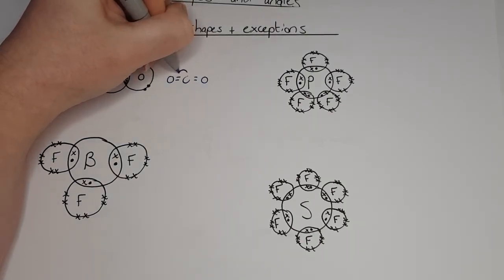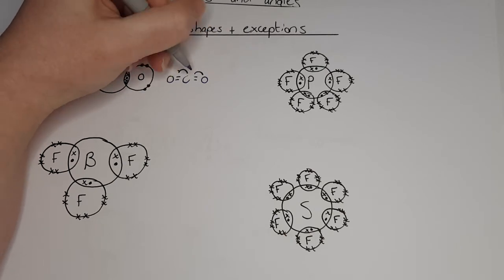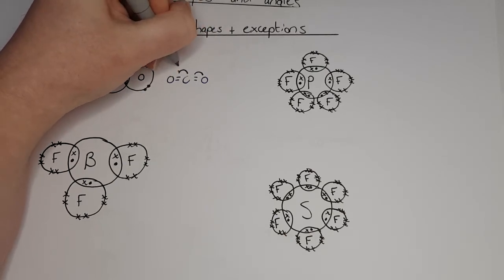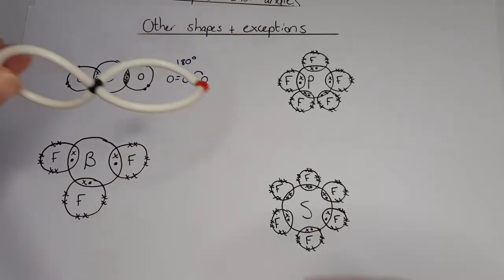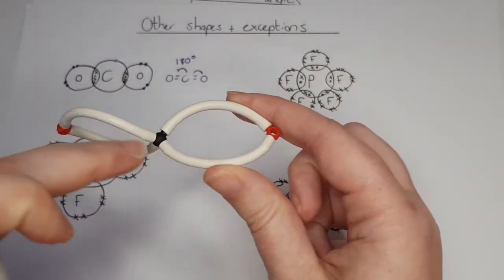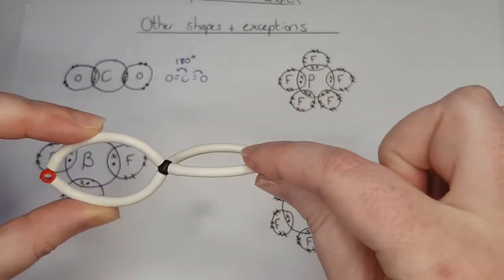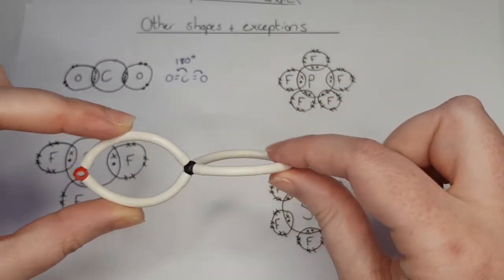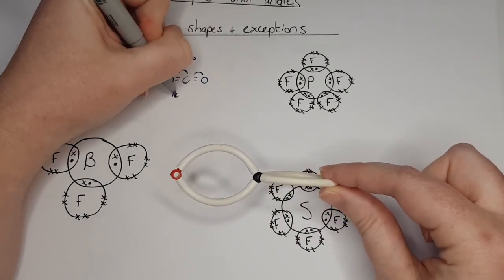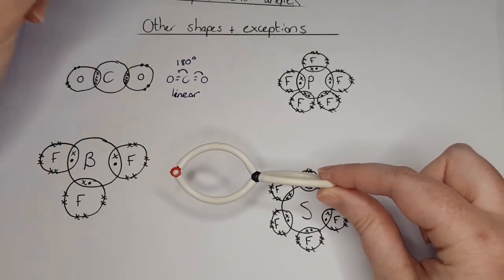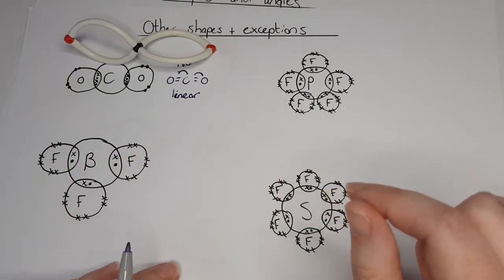So it ends up that it pushes them straight. So our angle becomes 180 degrees. So if we look at it, because we have the double bonds on each side, it pushes the whole molecule into a straight line for 180 degrees, and then it becomes linear shape. So we call that molecule linear.